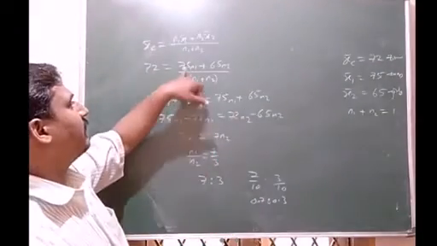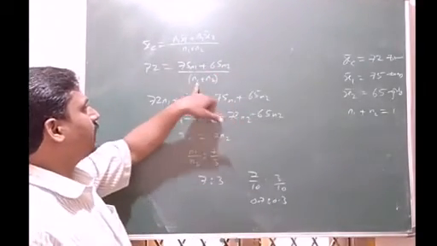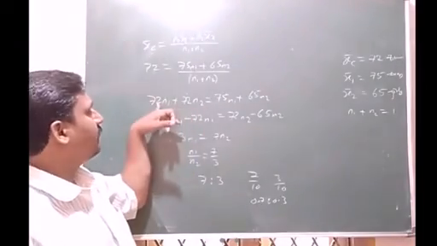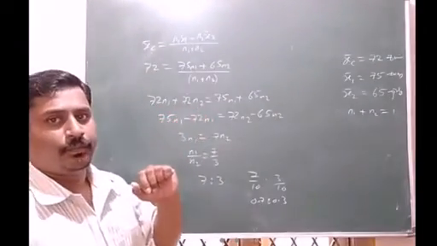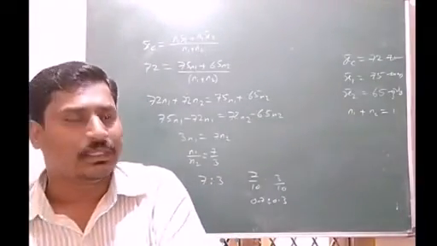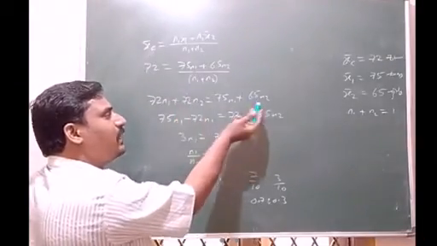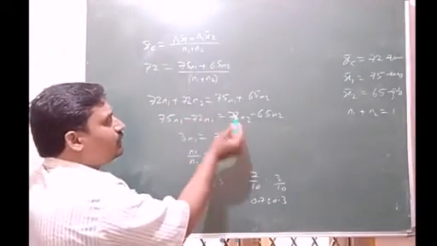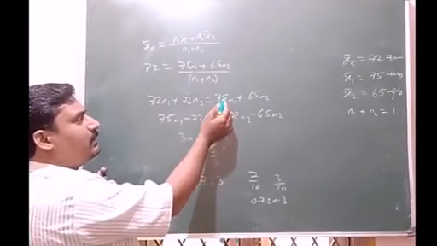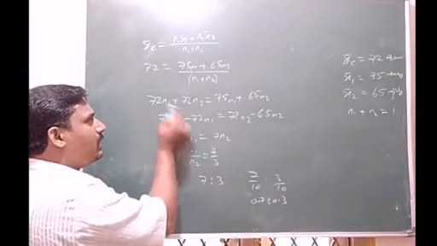So what we did: 75 into N1, 75 N1, and 65 into N2, 65 N2. We sent N1 and N2 to one side each. N2 here has the bigger number, 72, so we took 65 to this side: 72 N2 minus 65 N2. And here N1 has the bigger number, 75, and we took 72 to that side: 75 N1 minus 72 N1.